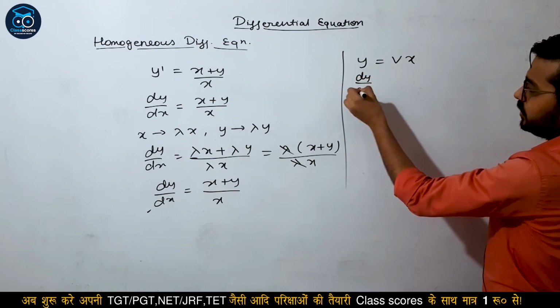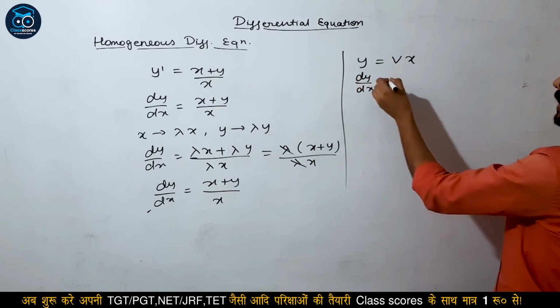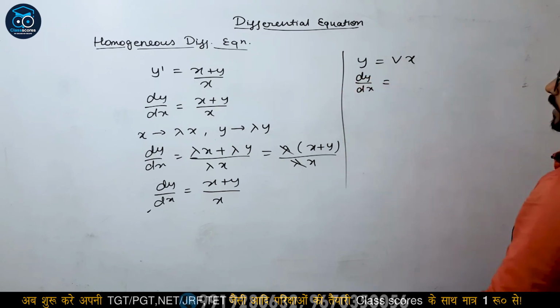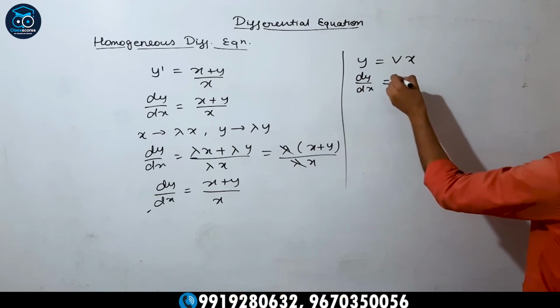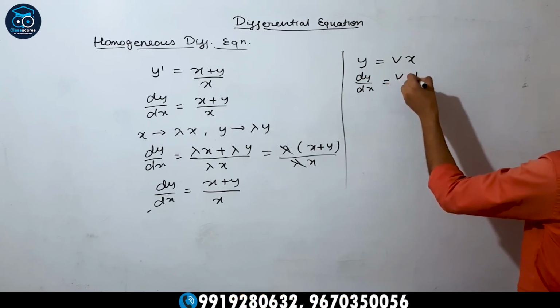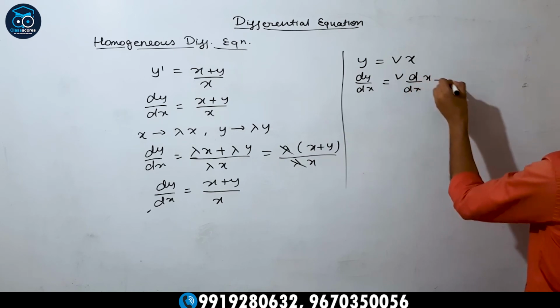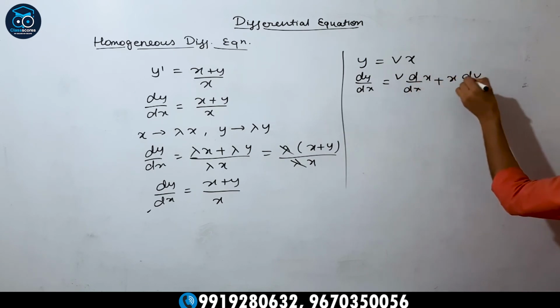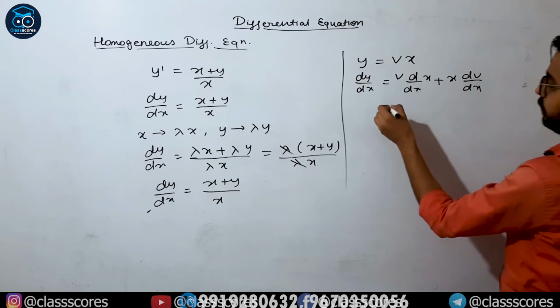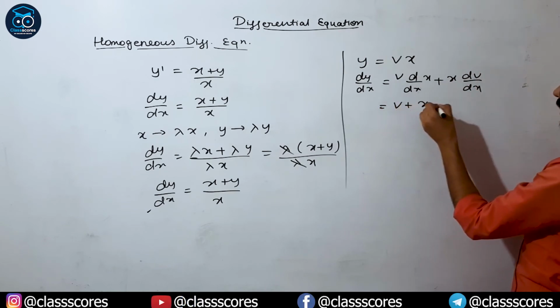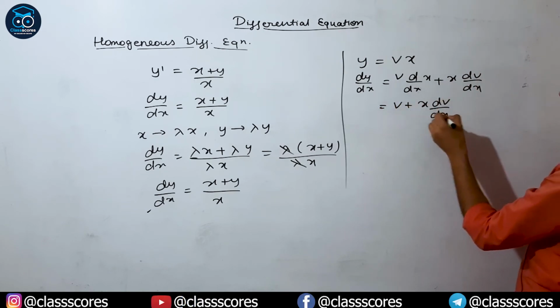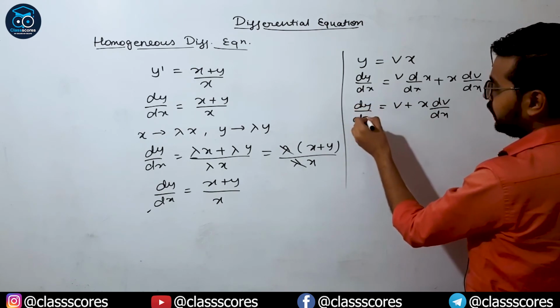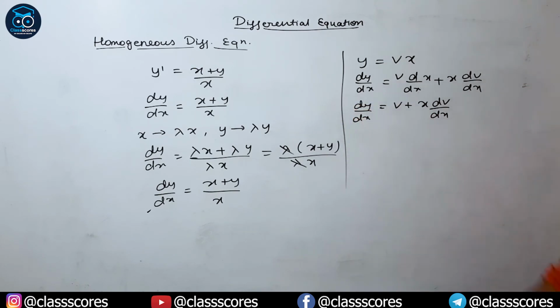Here both are variables, so we can differentiate with the help of the product rule, v plus x dv upon dx. Simplify this, we get v plus x dv upon dx, and this is the required value of dy upon dx.